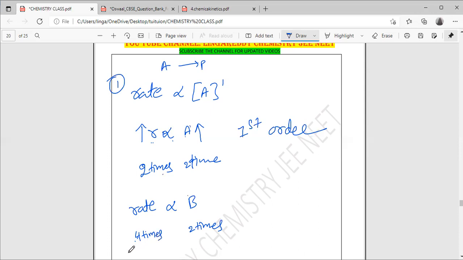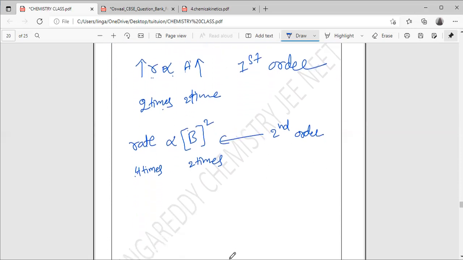Then it is the second order reaction. How is second order reaction? Generally, the representation will be like this, B square. If I increase the concentration of B double, then the rate will be 4 times.